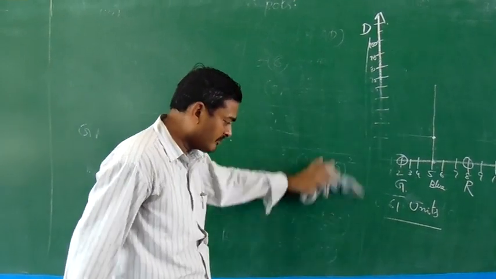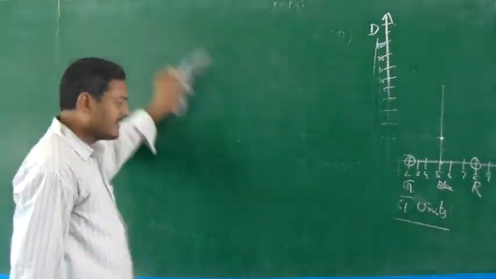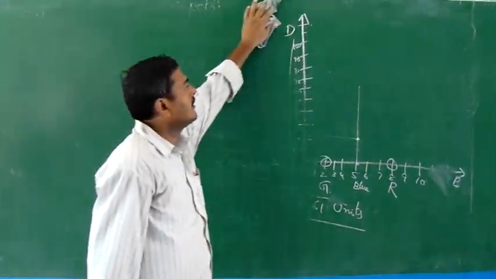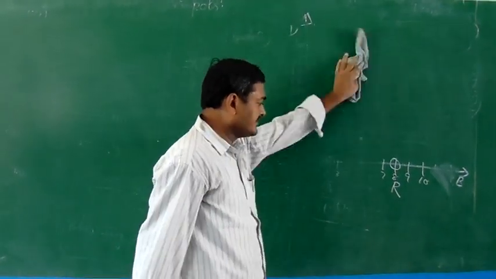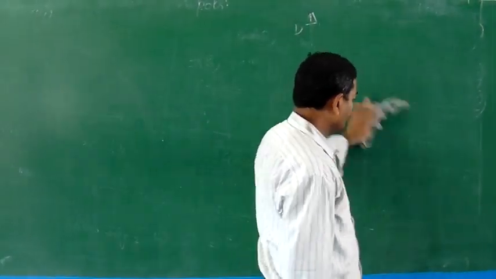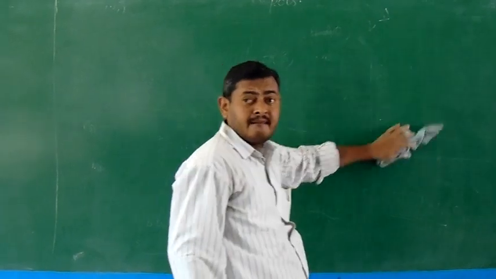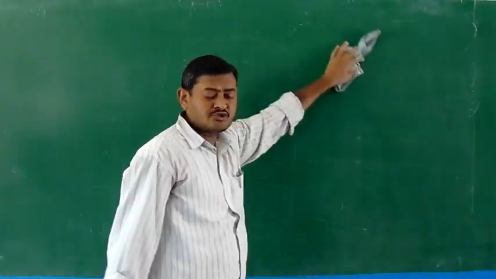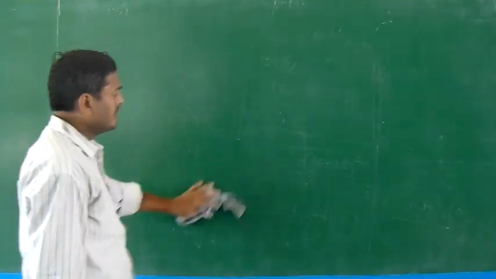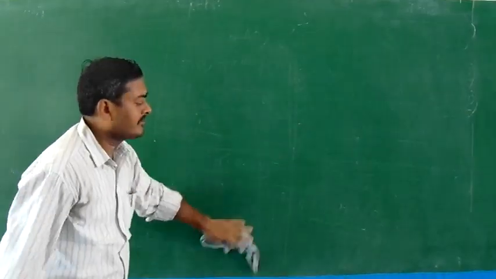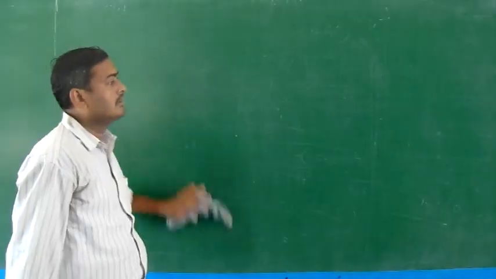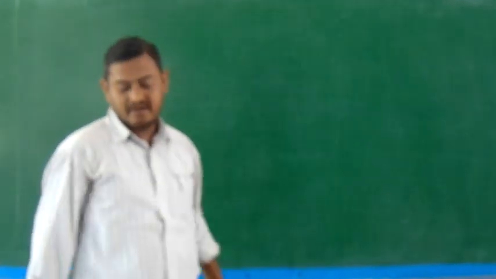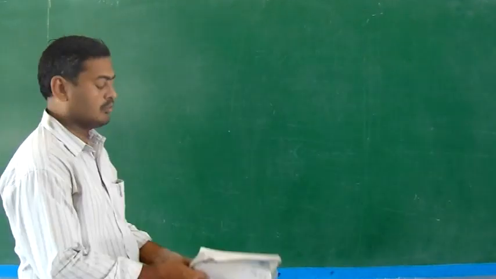What is the section formula? m1 x2 plus m2 x1 by m1 plus m2, comma m1 y2 plus m2 y1 by m1 plus m2.